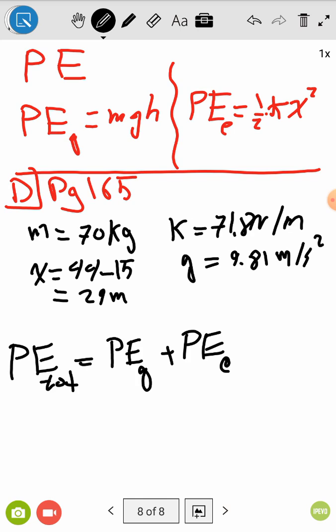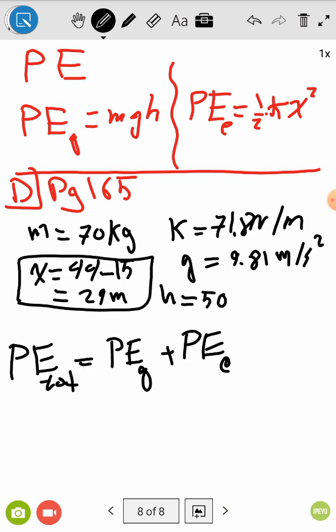And this is x. And h: at first the height is 50, and when the object stretches 44 downward, h equals 6 meter.